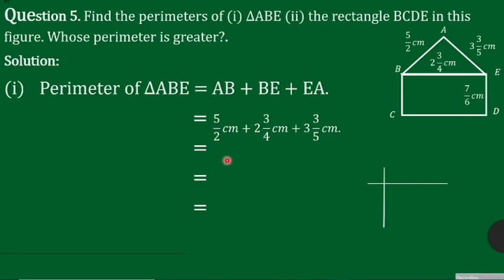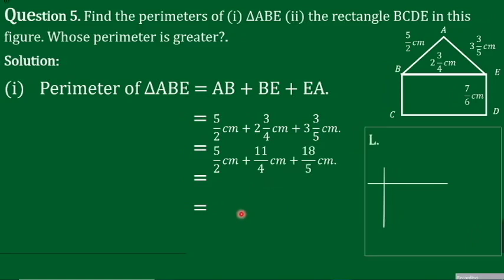So 5/2 centimeter plus, if we convert this into an improper fraction, we will get here 11/4. How? 4 times 2 is 8, plus 3 equals 11/4. Similarly here 5 times 3 is 15, plus 3 equals 18/5 centimeter. See here.